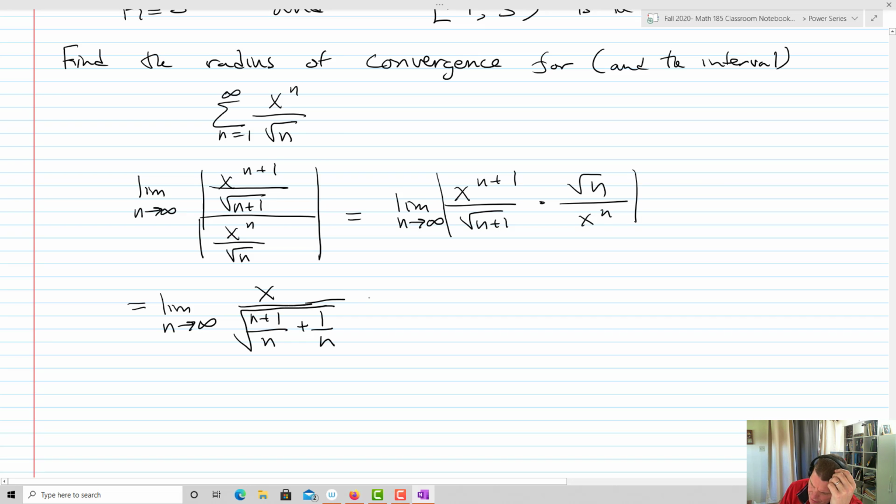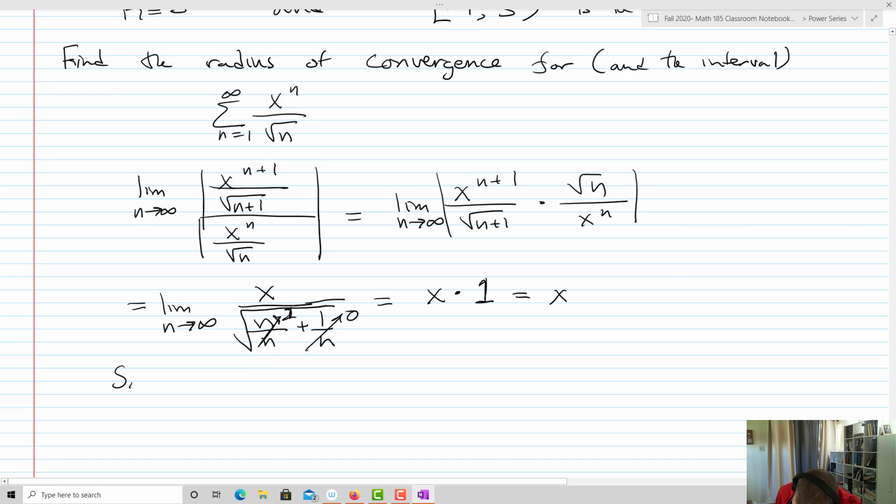Well, this is n over n plus 1 over n, which is going to end up equaling x times 1, which equals x. You can figure that out. This goes to 1, this goes to 0, right? So you just get x times 1 equals x.